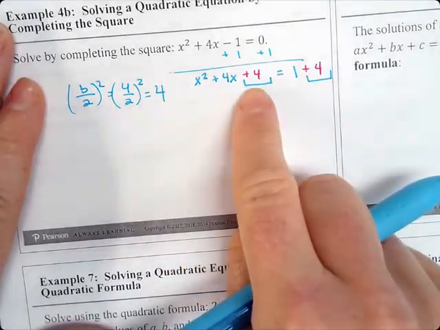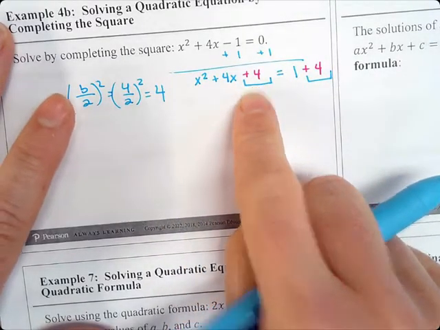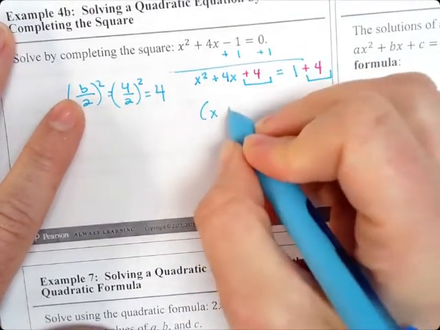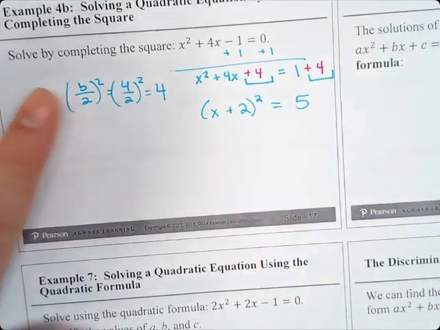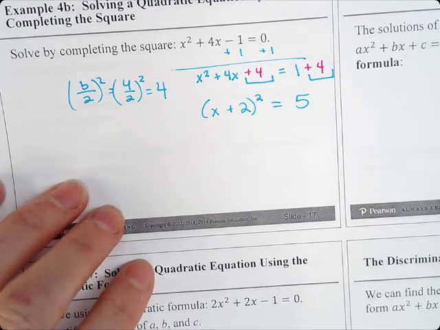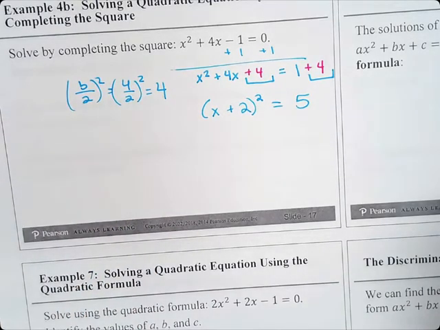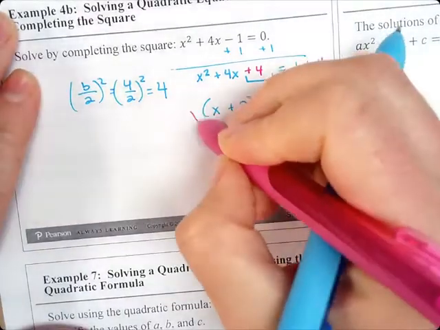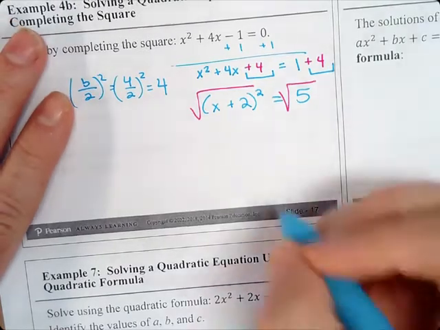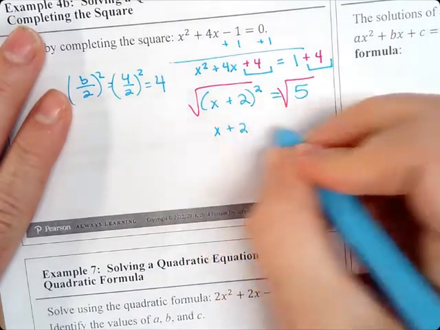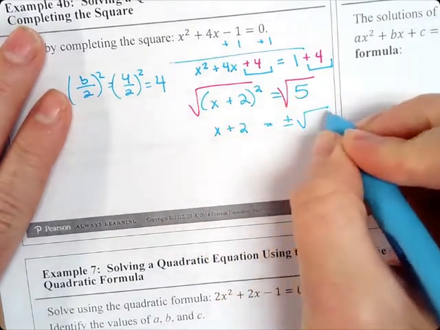Let's go ahead and factor this. So it'd be x plus 2 squared equals 5. And then we need to solve it. So we would take the square root of both sides, and so we get x plus 2 equals plus or minus the square root of 5.